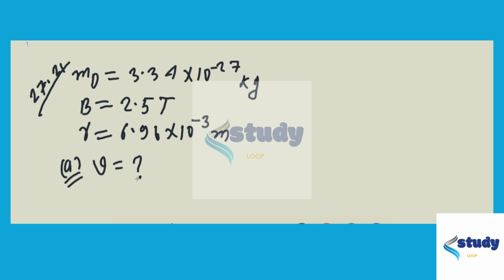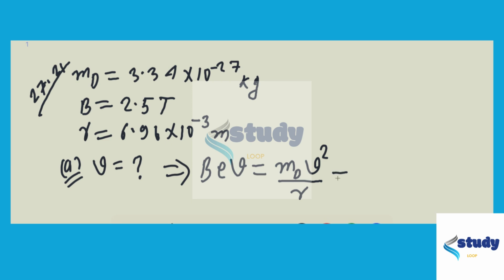So when a charged particle moves in a magnetic field, the force is provided by the magnetic field, right? So the force of the magnetic field, which is BeV, has to be providing the necessary centripetal force, which is m_d V squared over r, the radius of the circle.